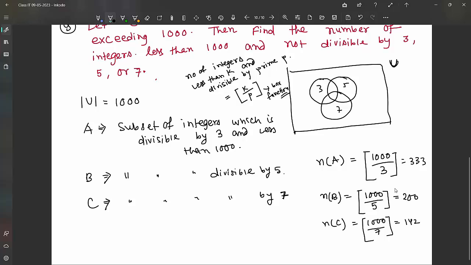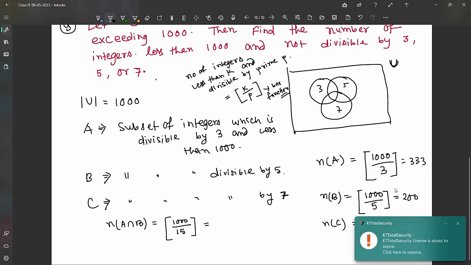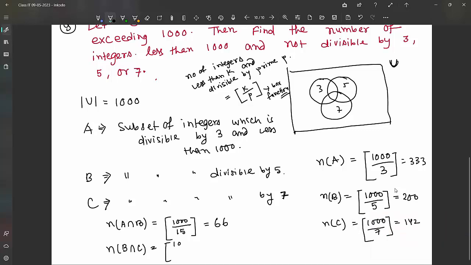Okay. Then the others. N of A intersection B: divisible by both 3 and 5 means divisible by 15. 1000 by 15 gives 66. N of B intersection C: 1000 by 35 gives 28.